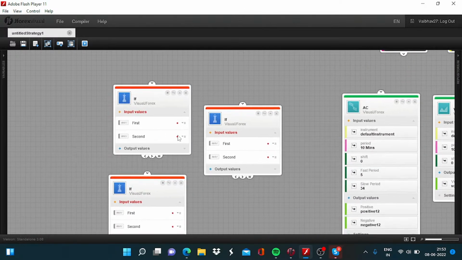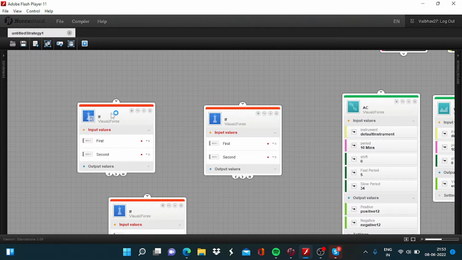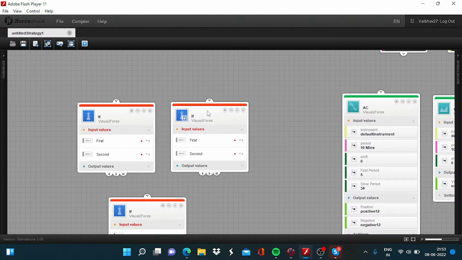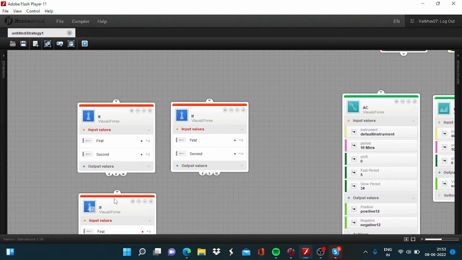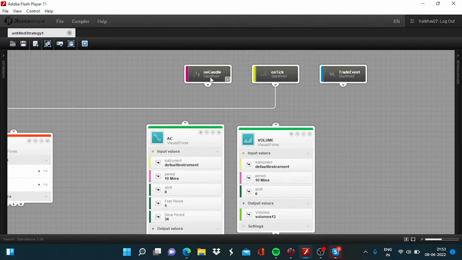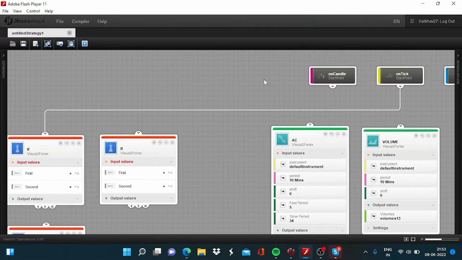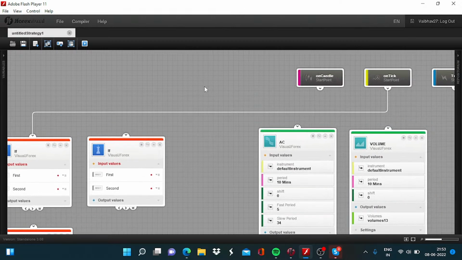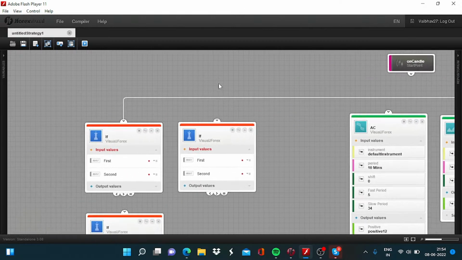And if you have been a regular viewer of the series involving the Visual JForex board, you might be quite aware what we do. You just have to join it to the start point, which can be any of the three: on candle, on tick, or trade event. This time around, we are working with the on tick as our start point.